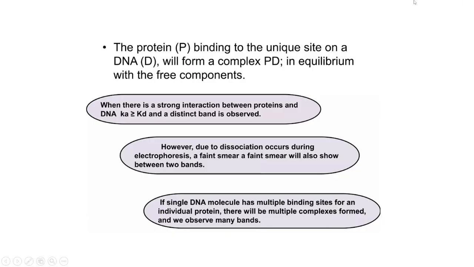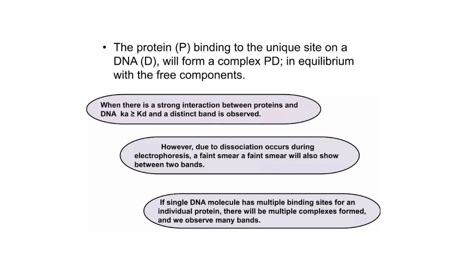Now, the protein binding to the unique site on the DNA will form a complex, PD, in equilibrium with the free components. When there is a strong interaction between the protein and the DNA, that is when Ka is greater than or equal to Kd, and you can observe a very distinct band. However, due to dissociation, you would see a very faint shift.